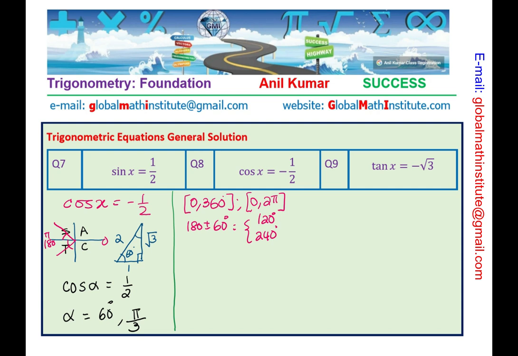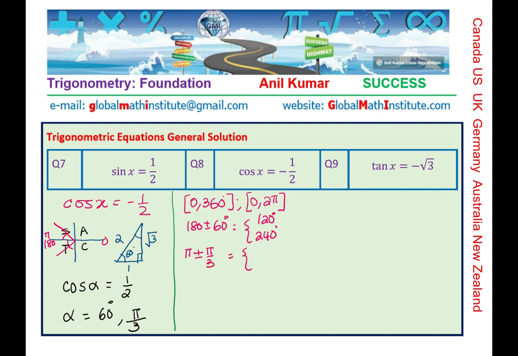So whenever you get this angle alpha, you can do pi plus minus alpha. If you're working in radians, then it is pi plus minus pi by 3.